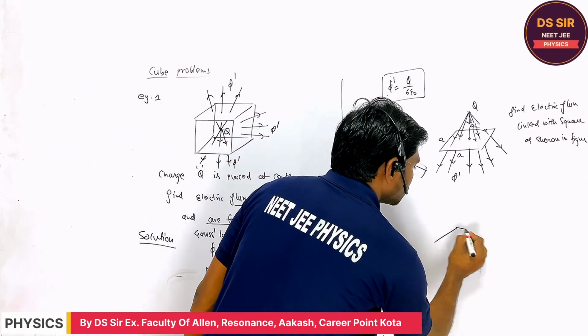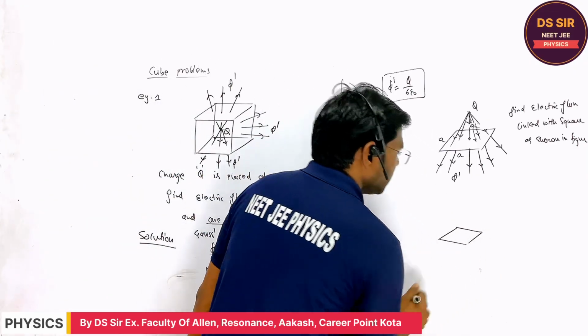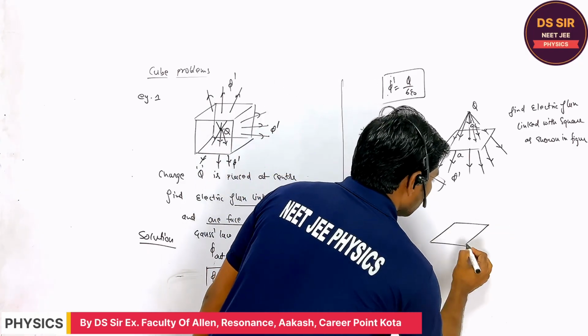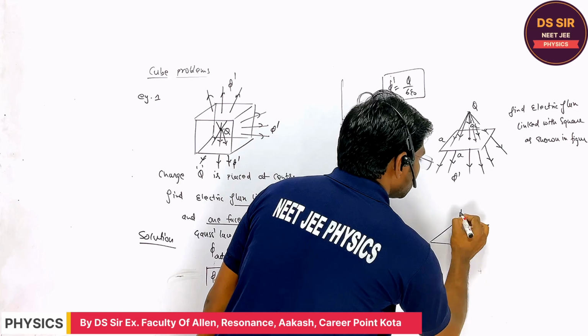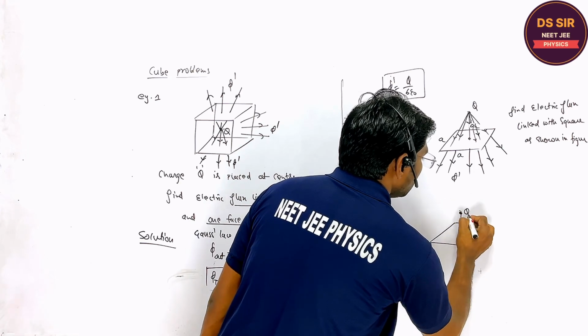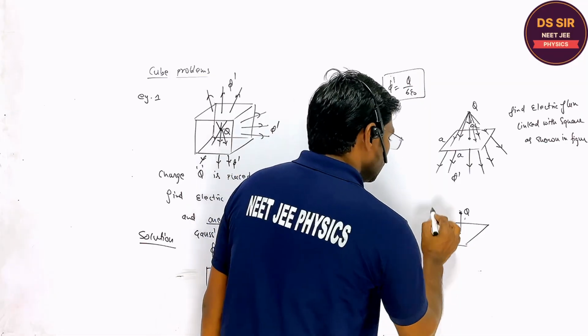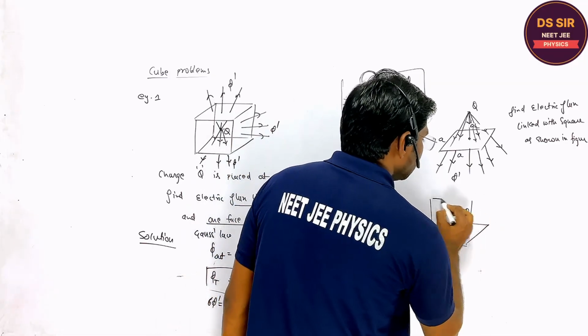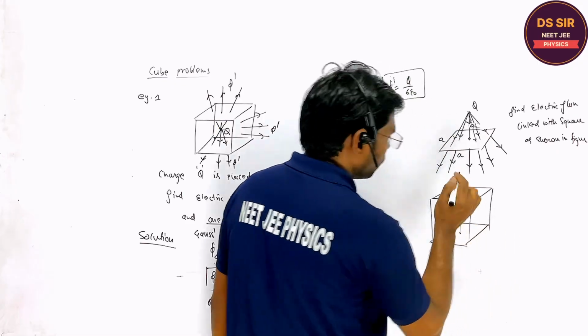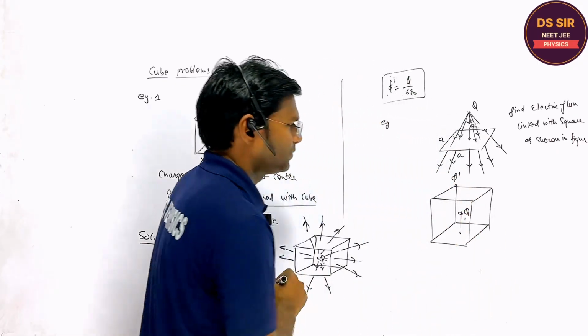To solve this question, suppose this is your one square. The charge q is placed at distance a by 2. So what will you do? You will assume that this charge is enclosed by a cube. Are you getting or not?